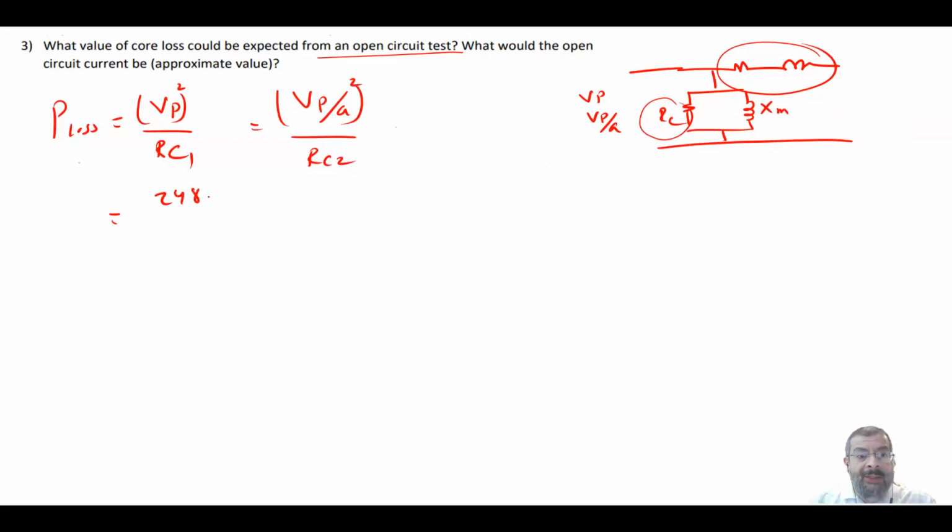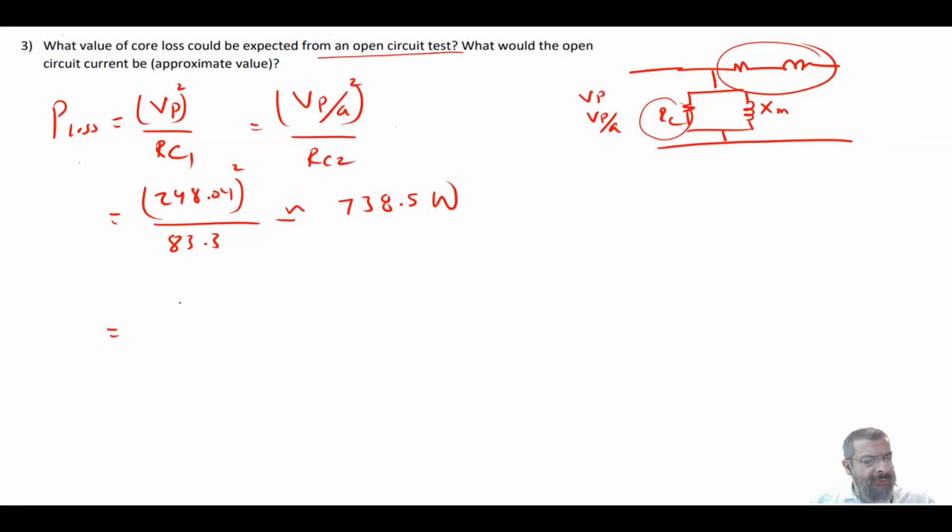If you use the first one, which is referred to the primary, it will be the 248 volt that we got in the first part, squared, divided by RC, which is the 83.3, exactly the resistance that we calculated, which is approximately equal to 738.45 watt.